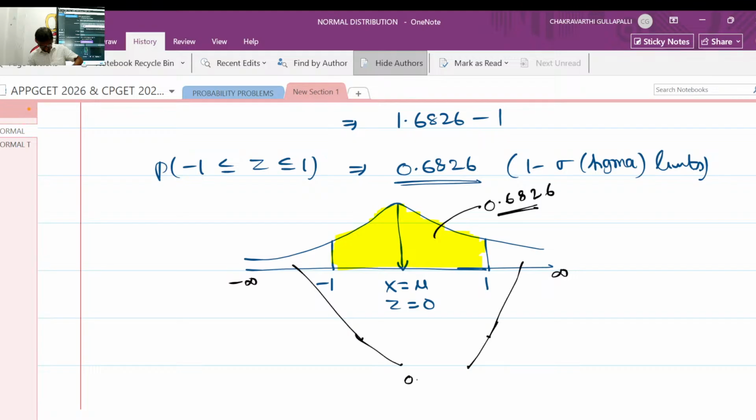Outside area: subtract this value from 1, we get 0.3174, that is outside of the 1 sigma limits. Remember this point.